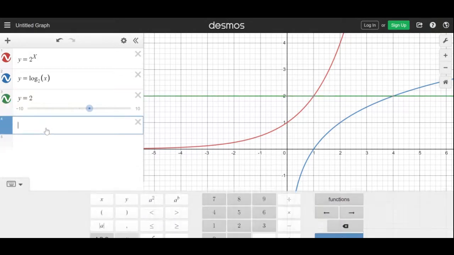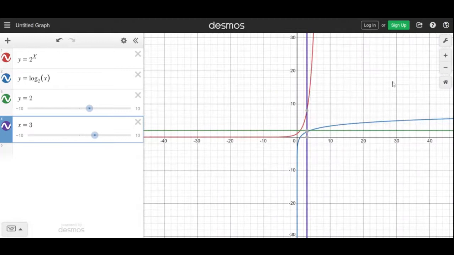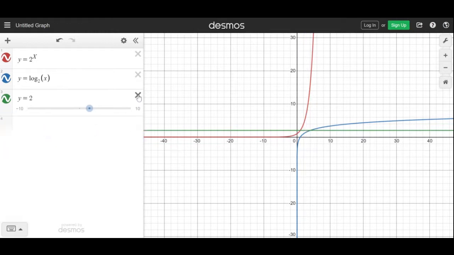Okay. And if you're going to test also using a vertical line test, x is equal to 3, for example, you can see that you have only one intersection. So it means that's a function. Okay. So those are the horizontal line test and the vertical line test.